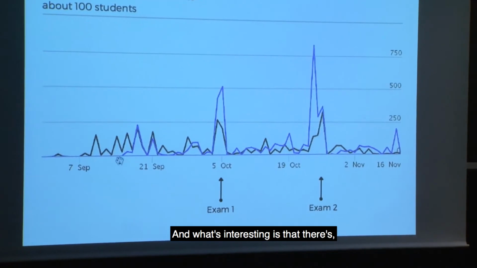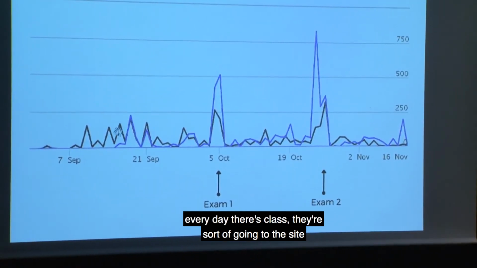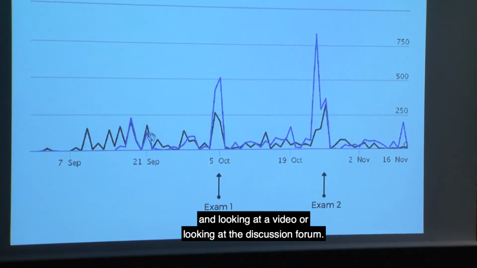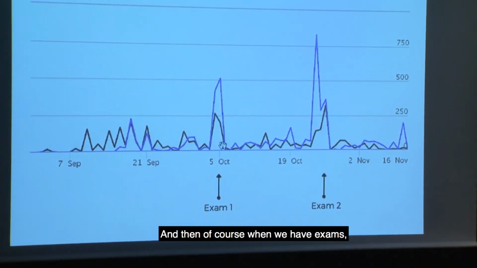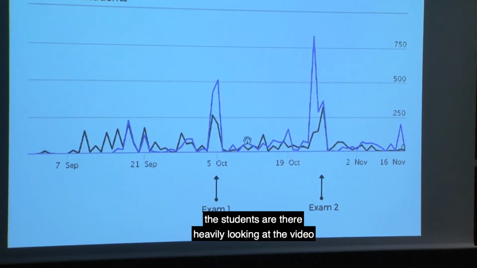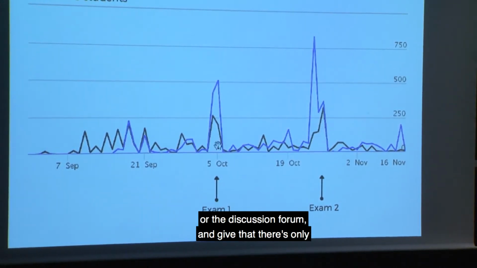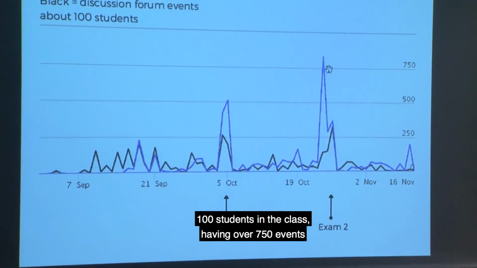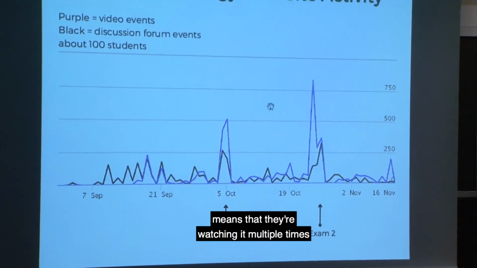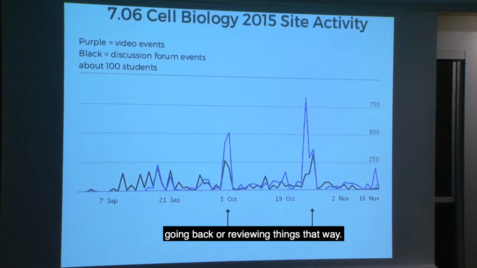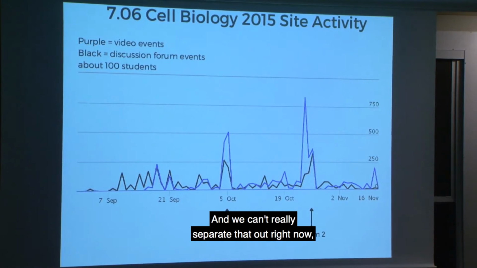And what's interesting is that every day there's class, they're sort of going to the site and looking at video or looking at the discussion forum. And then, of course, when we have exams, the students are there heavily looking at the video or the discussion forum. And given that there's only 100 students in the class, having over 750 events means that they're watching it multiple times, or they're pausing in the video and going back and reviewing things that way.